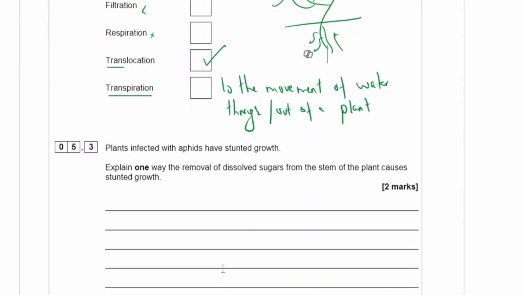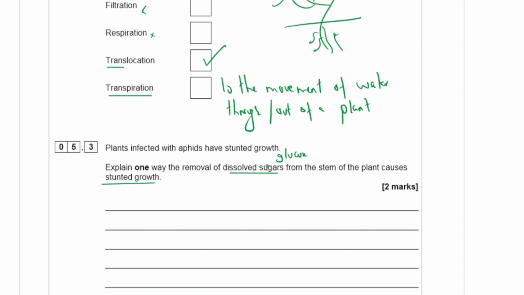Plants infected with aphids have stunt growth. Explain one way the removal of dissolved sugars from the stem of the plant causes the stunt growth. Now, dissolved sugars is basically you're referring to glucose. That is actually the dissolved sugar, right?